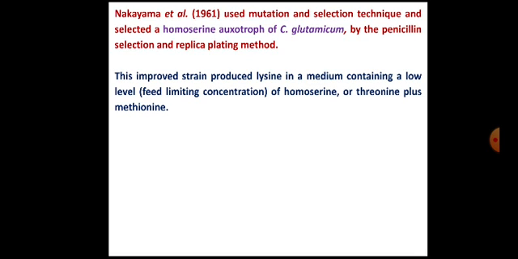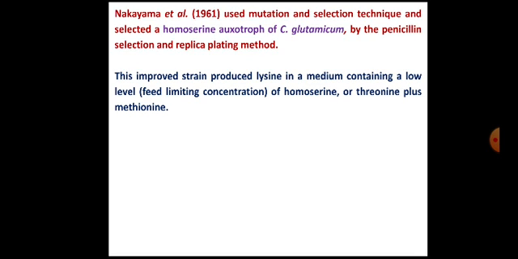The Japanese scientist Nakayama used this mutation and selection technique and selected a homoserine auxotroph of Corynebacterium glutamicum by penicillin selection and replica plate technique, which was an overproducer of lysine.